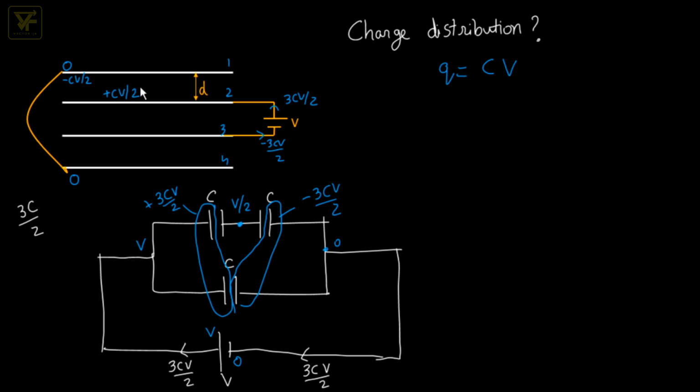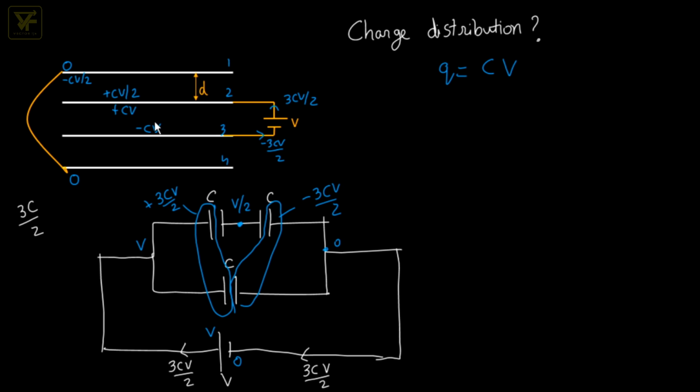Here, if it is CV by 2 here and total charge given by the battery is 3CV by 2, then this one will have plus CV, so that plus CV plus CV by 2 becomes 3CV by 2. If this has CV, then this one will have minus CV, because they are opposite sides of a capacitor.